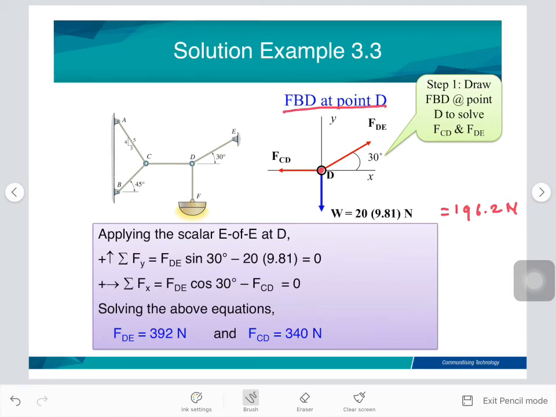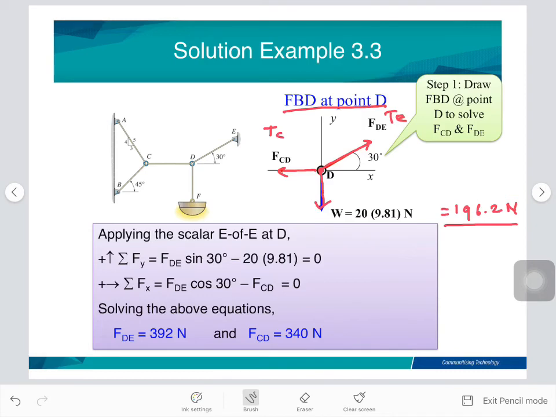So at this point D, we want to solve what is FDE and FCD. You can call it TE also, and this one TC also. So here we have the weight, 20 times 9.81, is 196.2.